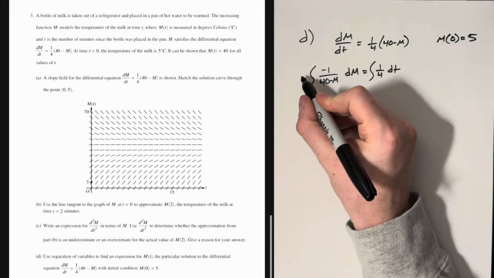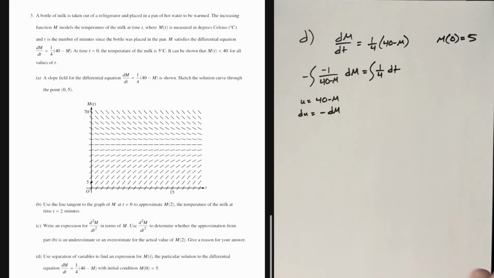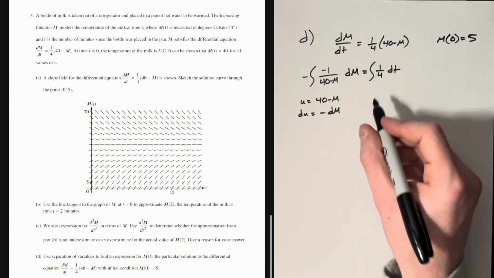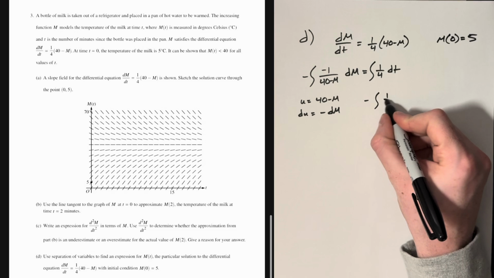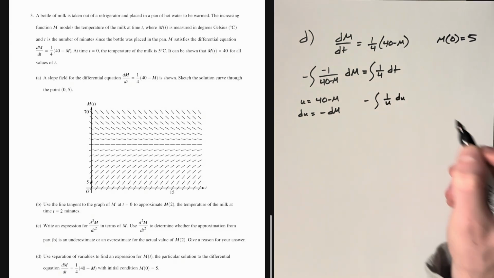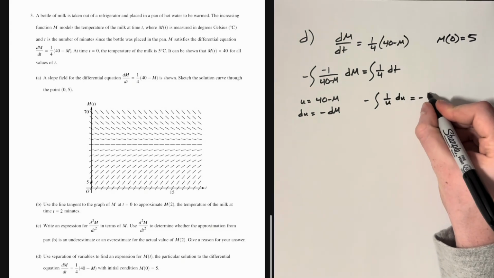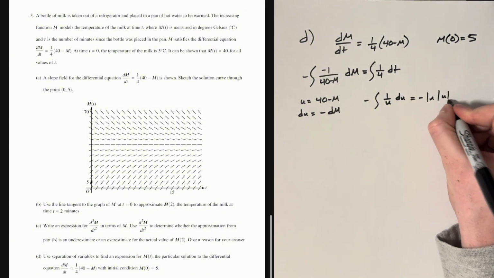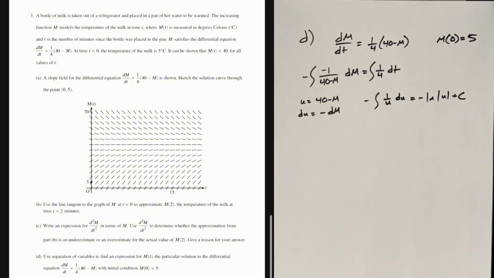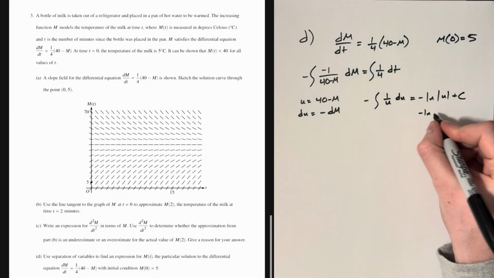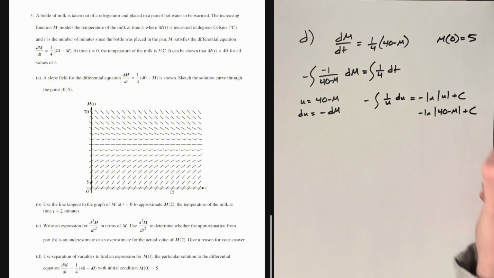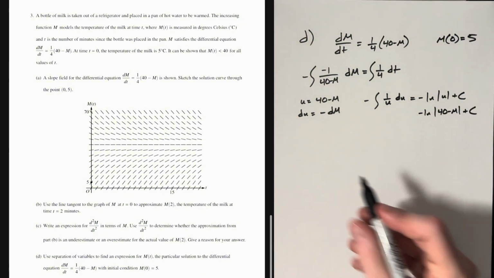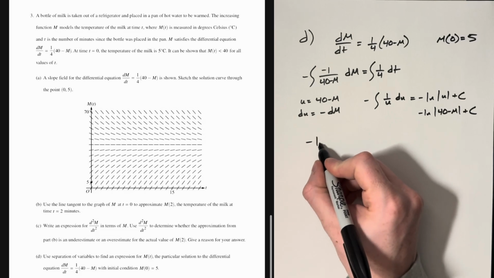So if I negate the inside and negate the outside, the integral becomes negative integral of 1 over u du, which we know is the ln of the absolute value of u plus c, right? When I plug back in my m, it's the negative ln of the absolute value of 40 minus m plus c. So that is my left side of this equation.